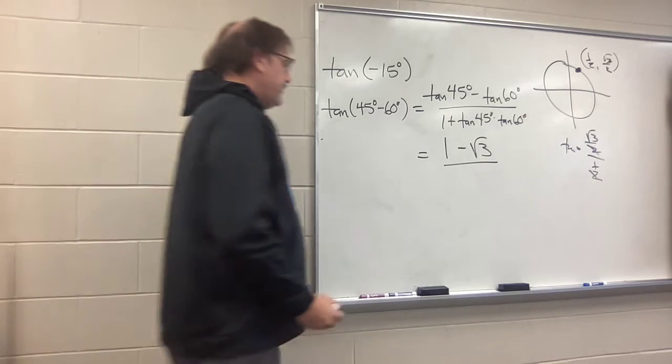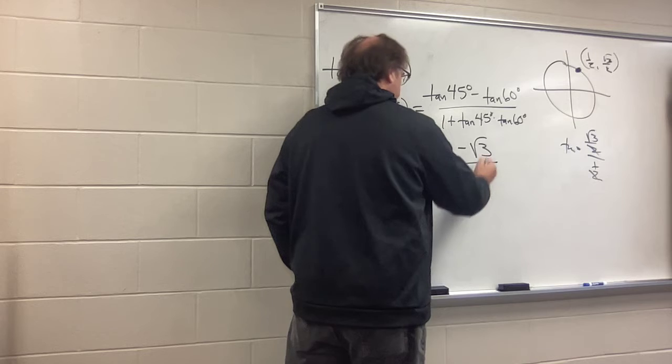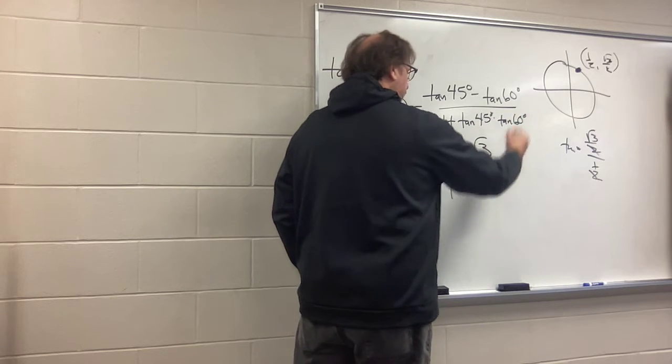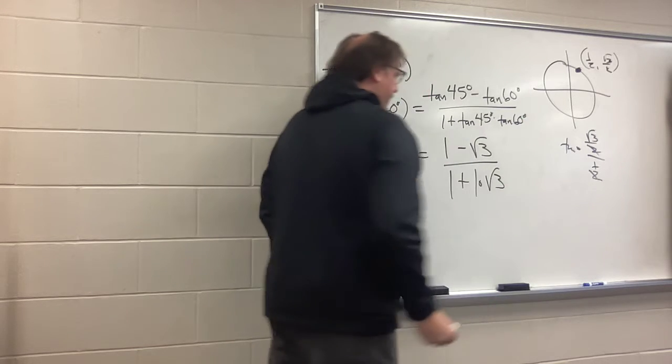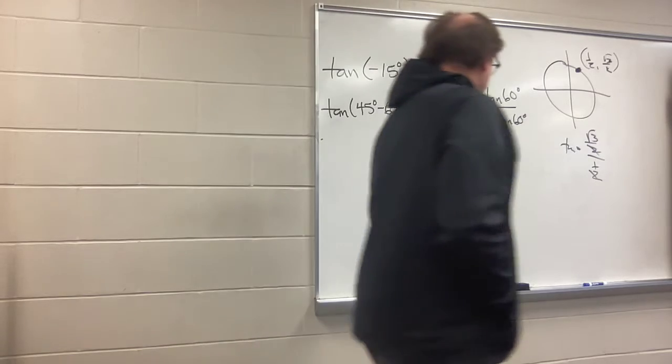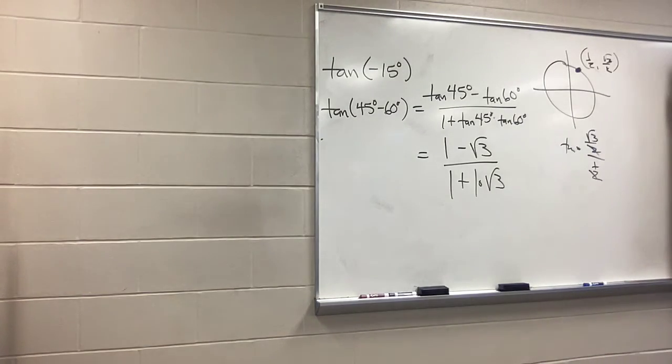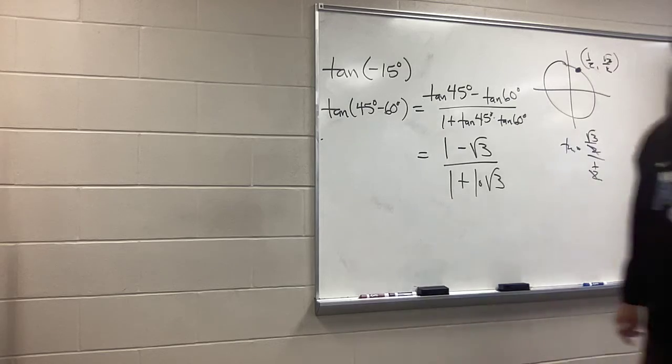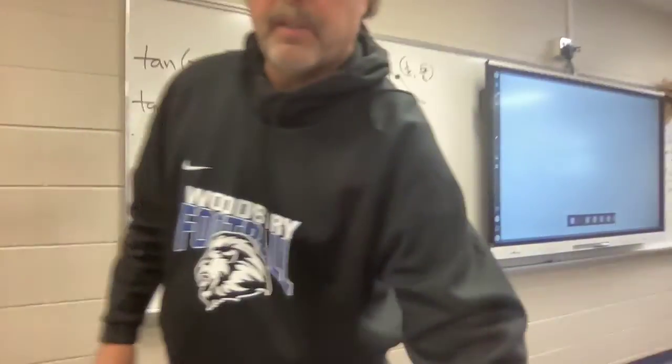The denominator: tangent of 45 times tangent of 60. All right. We better do this for our at-home players.